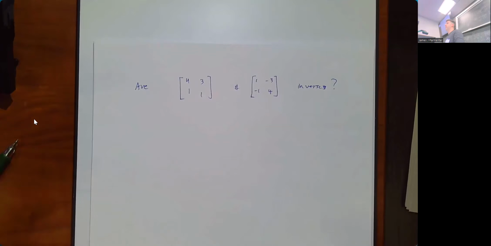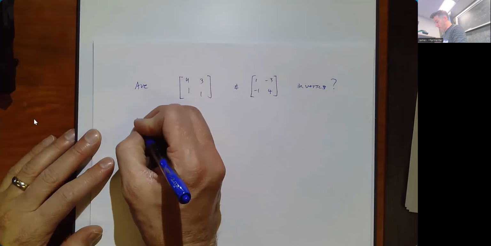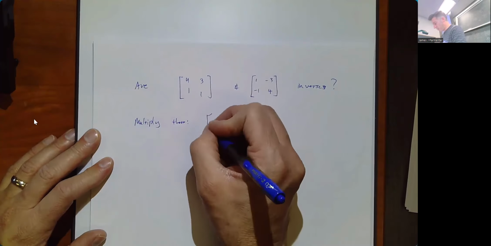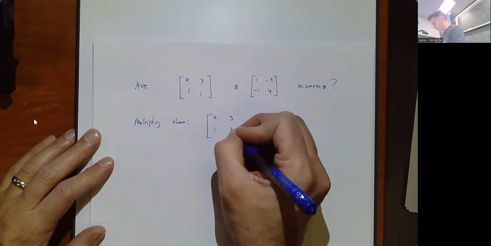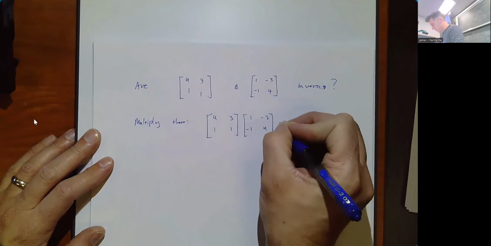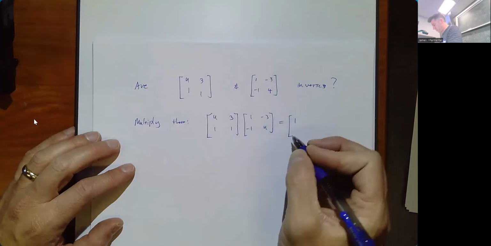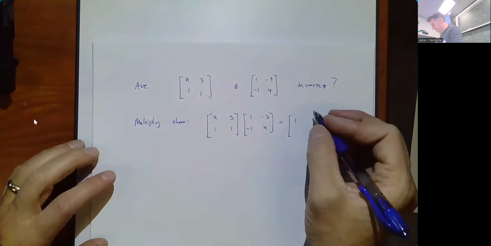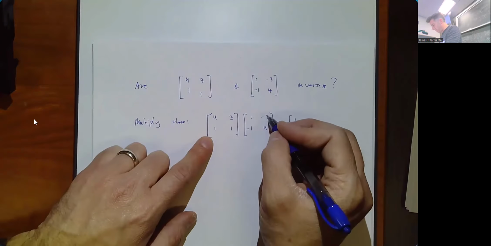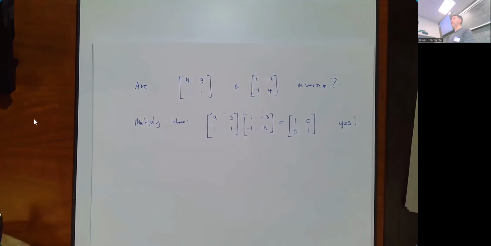One way would be to find the inverse directly, but the easier way, in my opinion, is to multiply them together. Let's see, 4 times 1 plus 3 times -1 is 1. 4 times -3 plus 3 times 4 is -12 plus 12. 1 times 1 plus -1 times 1 is 0. 1 times -3 plus 4 times 1 is 1. Yes, because they multiplied to the identity matrix.